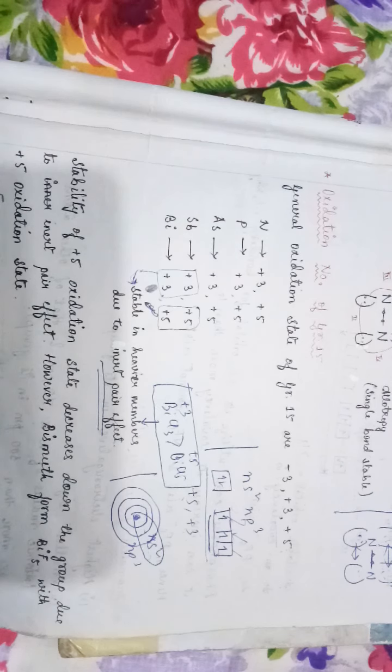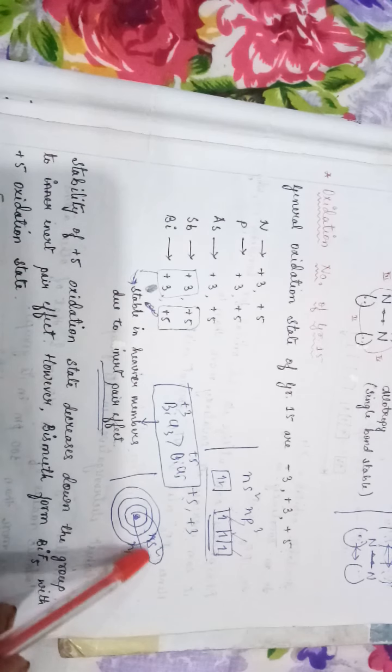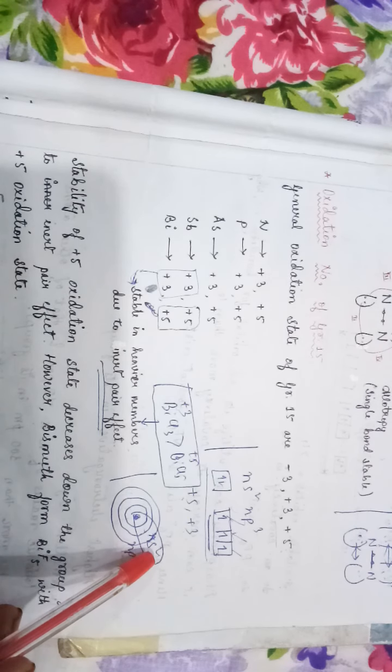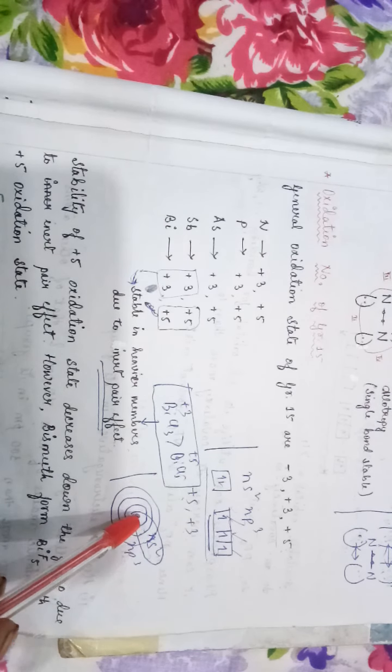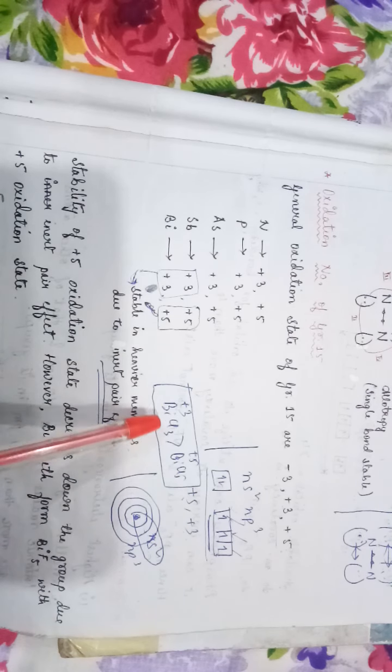The ns2 electrons are not allowed to go for bonding due to attraction by the nucleus. This is called the inert pair effect. So BiCl3 is more stable than BiCl5 due to the inert pair effect.